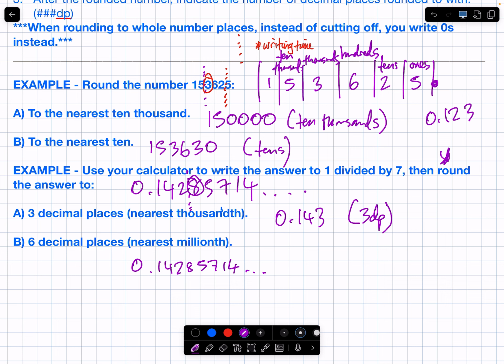Between which numbers? Between 7 and 1. So I use the 1 to make my decision. Is that less than 5? So when it's less than 5, what do I do? Do I change anything? No, just cut off. So therefore it's going to be 0.142857 bracket 6 DP.